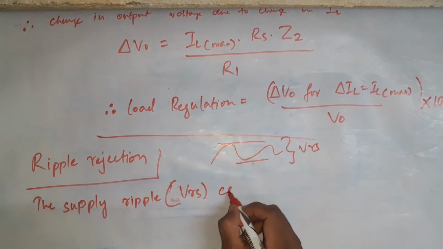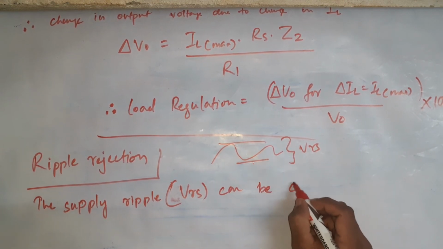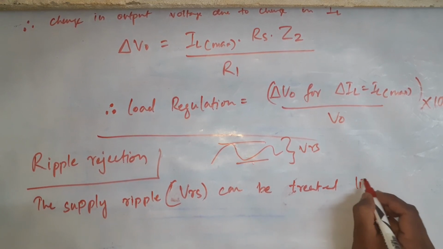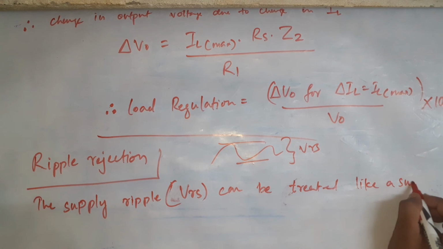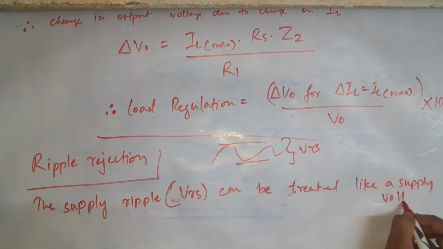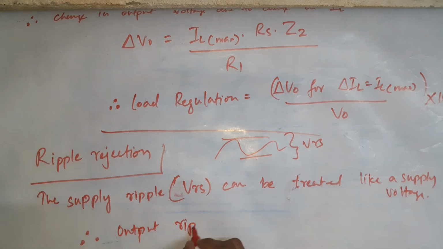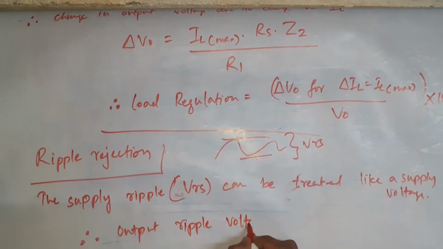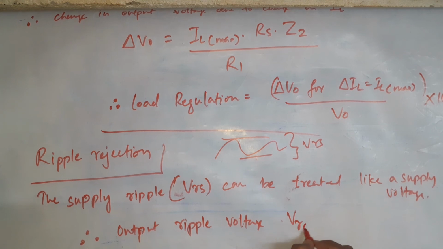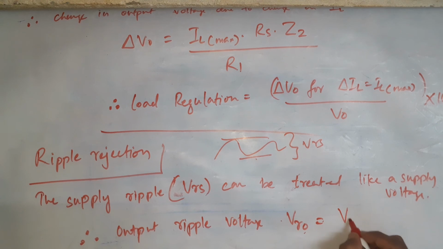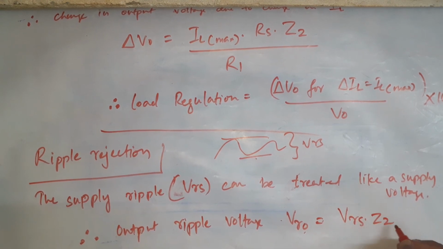VRS can be treated like a supply voltage, that is, we can write the output ripple voltage, VR0, equal to VRS into Zz, whole divided by R1.